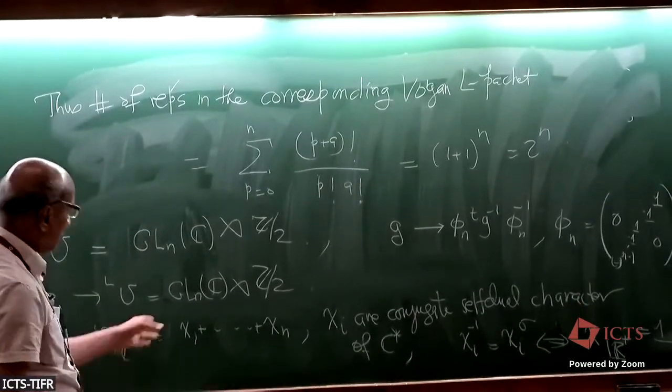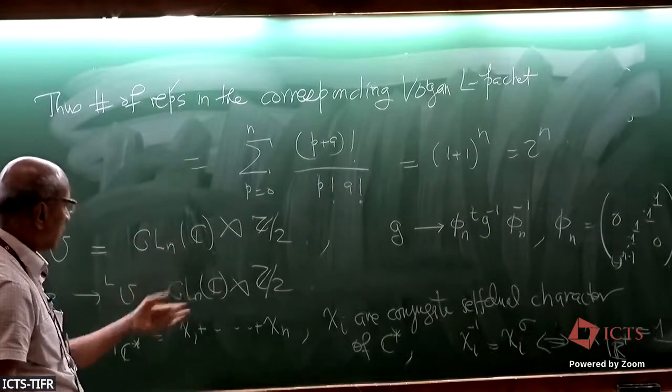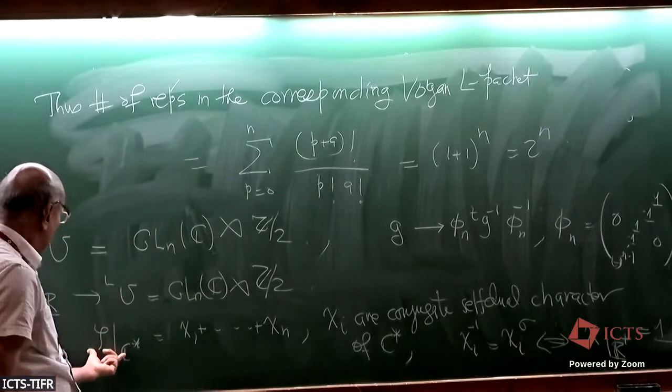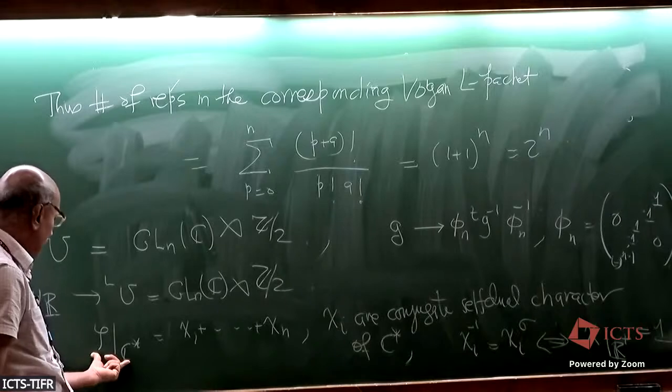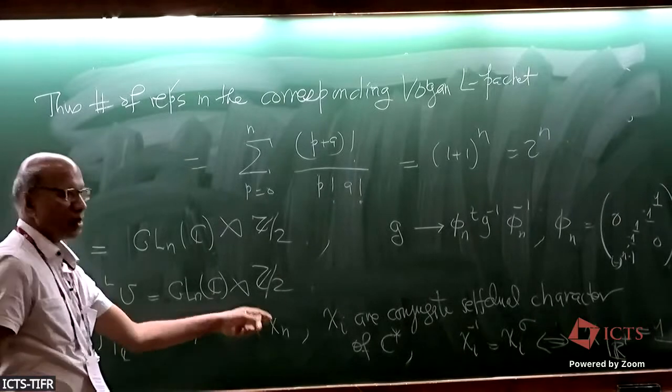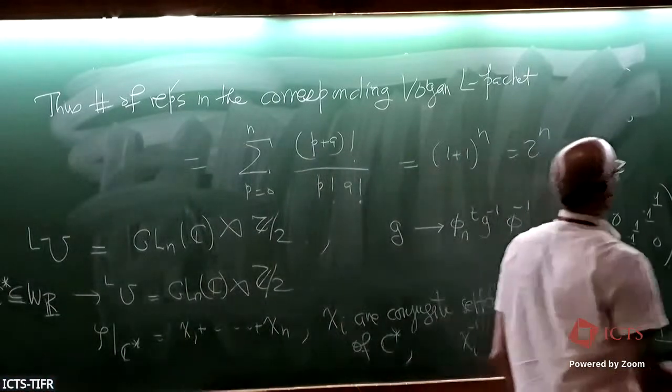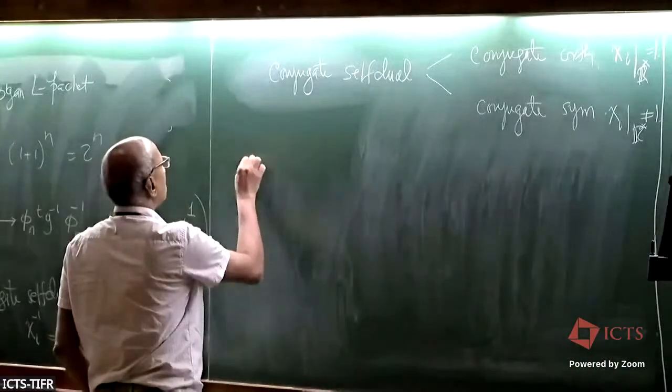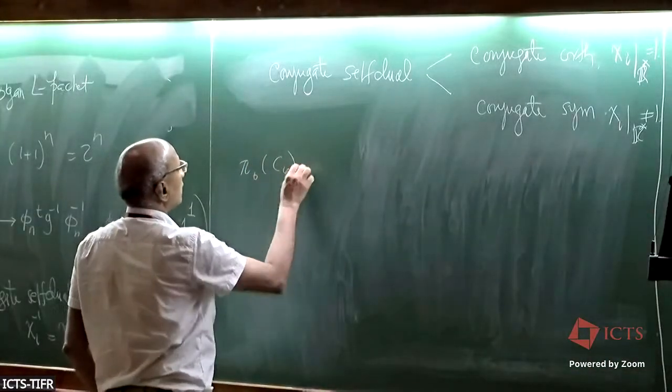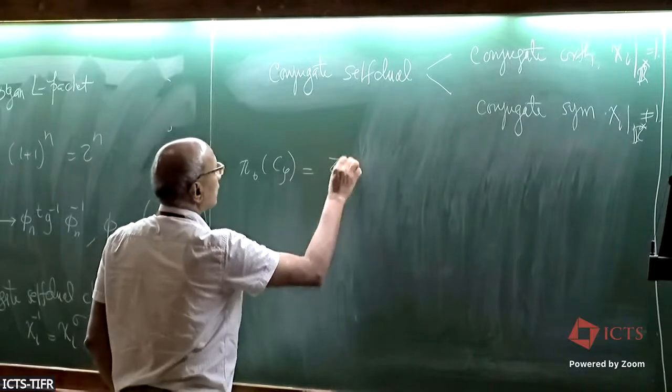And then there is a calculation one makes that the component group of phi is Z mod 2 to the power n. So pi_0 of C_phi is equal to (Z mod 2) to the power n.